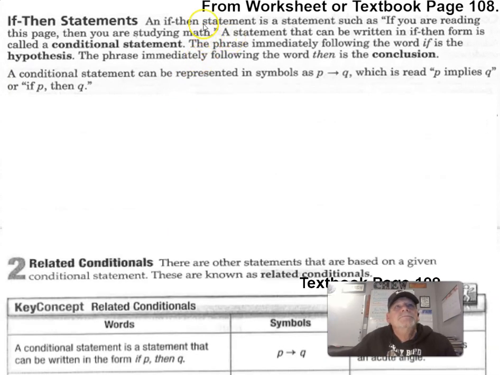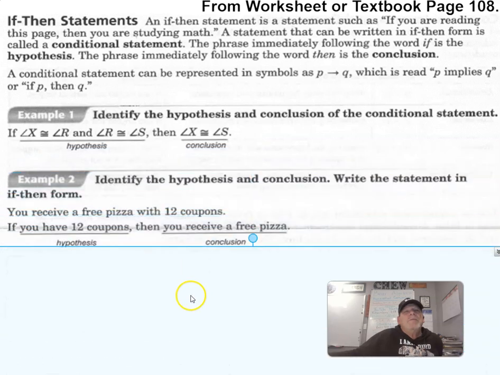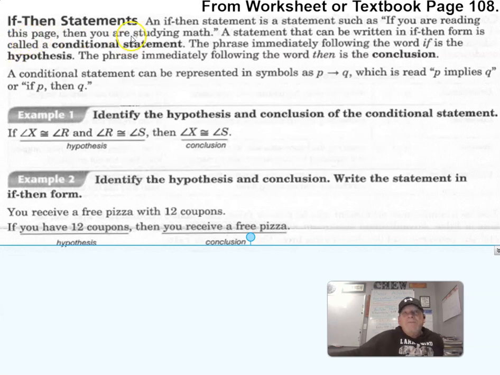From the worksheet that was handed out, there's another little chart here about if-then statements with a couple more examples to try to make more sense of it. If-then statements, such as, if you're reading this page, then you are studying math. A statement that can be written in if-then form is called a conditional statement.